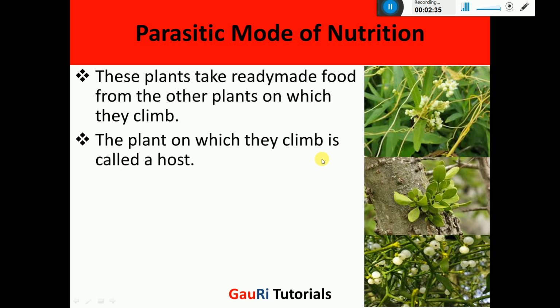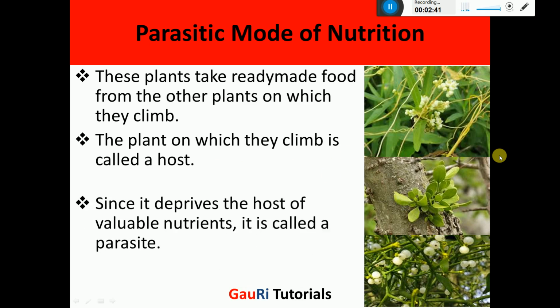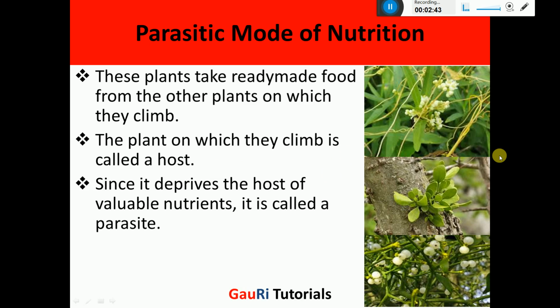The plant on which they climb is called the host. The parasite grows on the host, and since it takes its food from the host, it deprives the host of valuable nutrients. Deprives means it takes up the nutrients from the host, and the nutrients are less available to the host.